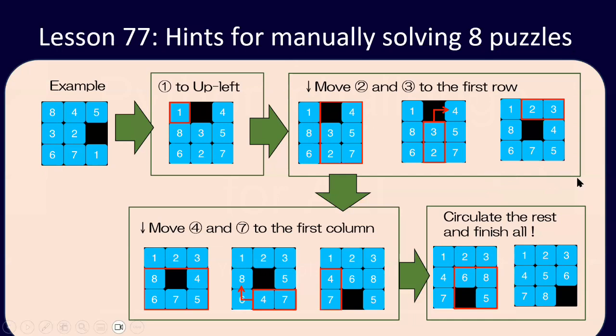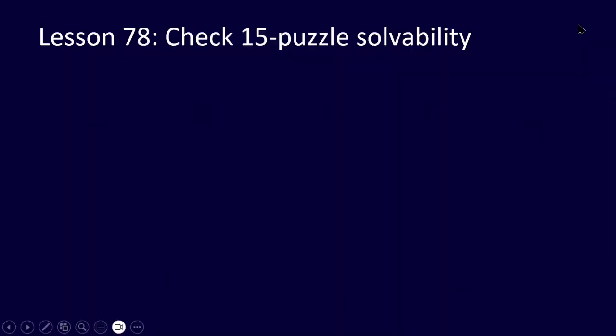Then what's next? Today's topic: you might wonder what happens with 15 puzzle games. As a natural extension of 8 puzzles, we have bigger sliding panel games, which is 15 puzzles.